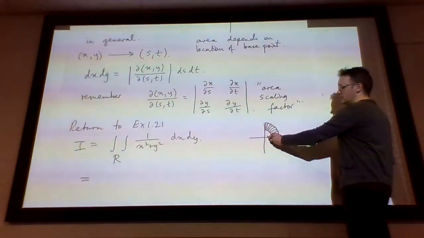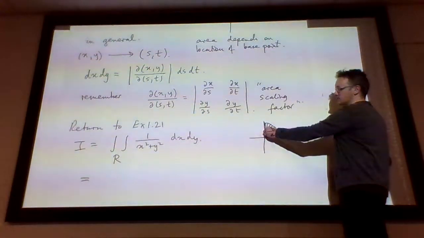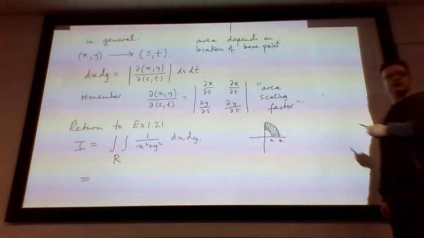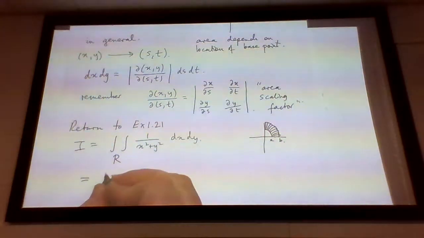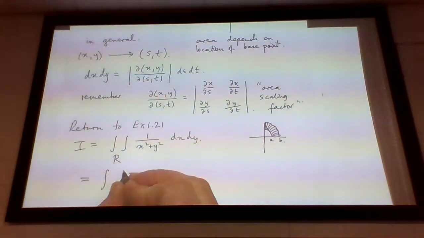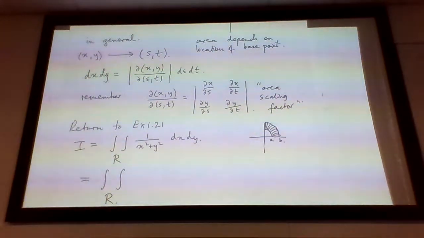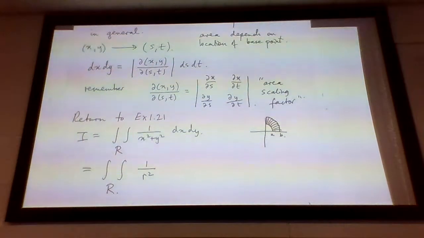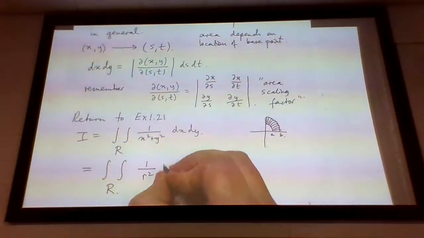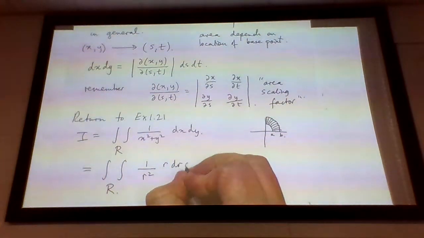Angle 0 to angle pi over 2 traces out the whole of the top right quadrant of the plane. So it will still be a double integral over the same region. The function we translate into polar coordinates, and then we have the absolute value of the Jacobian dr d theta.